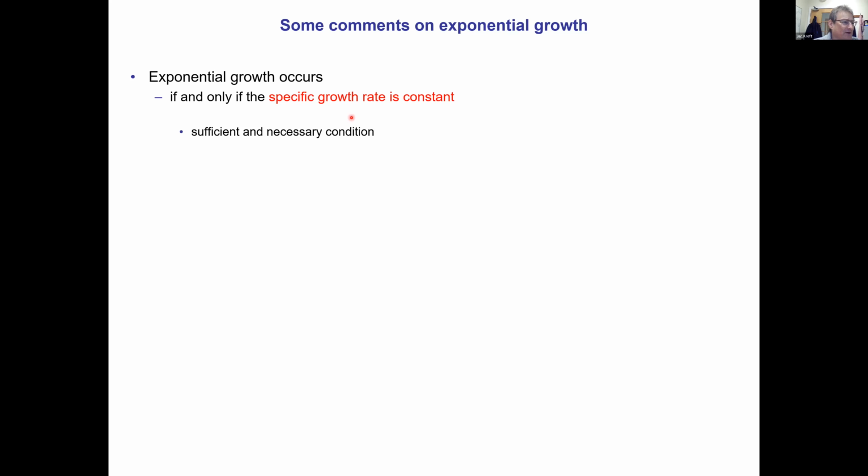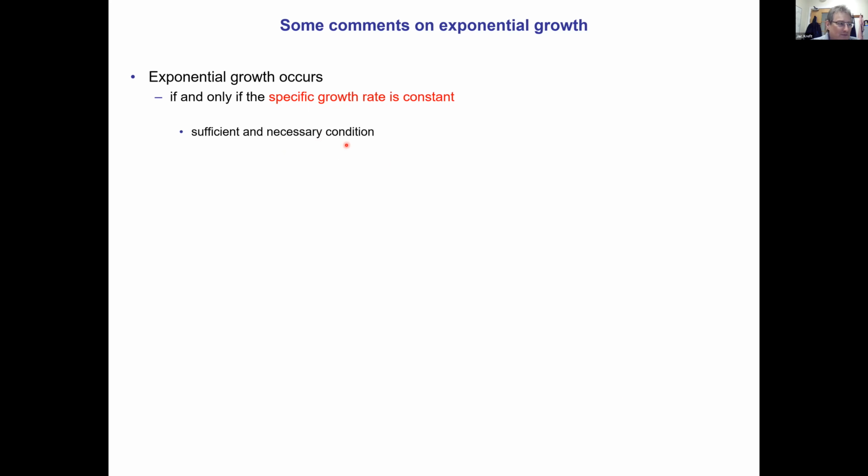If the specific growth rate is constant, then you get exponential growth. That's a mathematical truism, really, because as you can see from the equation, if mu is a constant, then exponential growth is an inevitable consequence. So it's a sufficient and necessary condition.